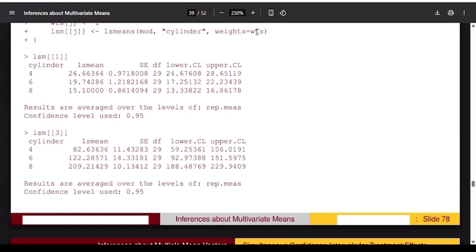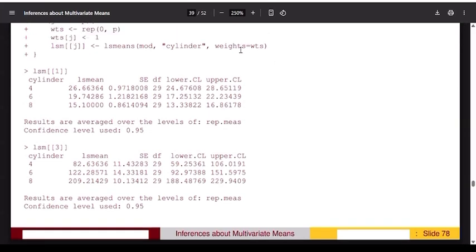We're looking at the effect of cylinder on different dependent variables like horsepower, weight. For weight, WTS, can we have a way to find the adjusted mean for the response variable weight, putting into consideration the level of the categorical factor?